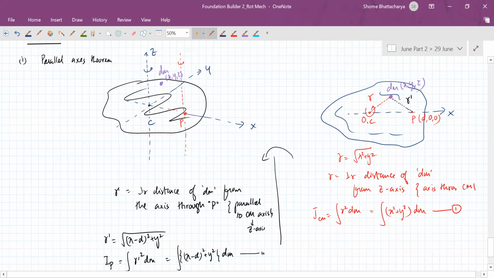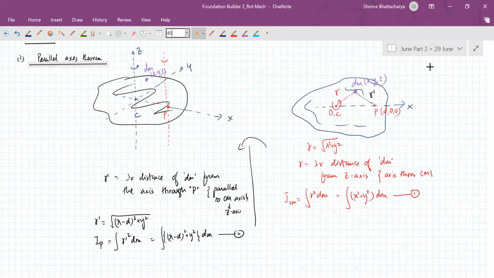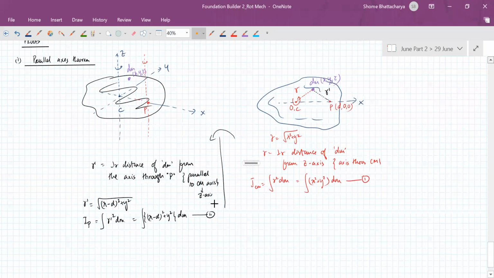This is the second part. Next, we'll compare these two equations, and by comparing them we'll establish the relation that IP is equal to ICM plus M D square. We'll come to that step, but first note down this much. We'll have to do some algebra after this for the final part of the proof.